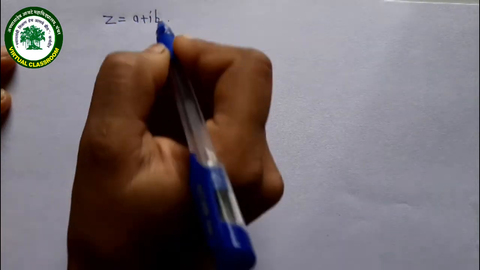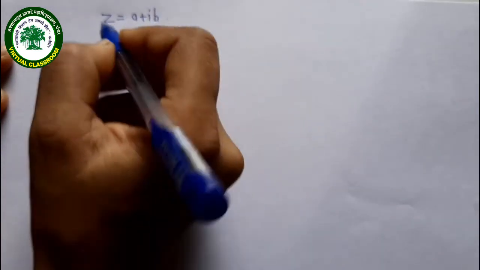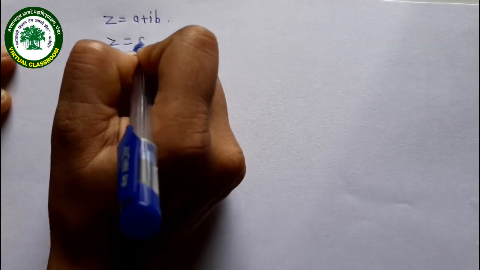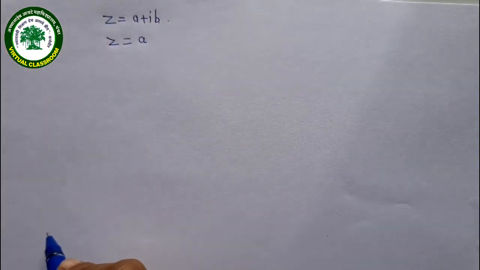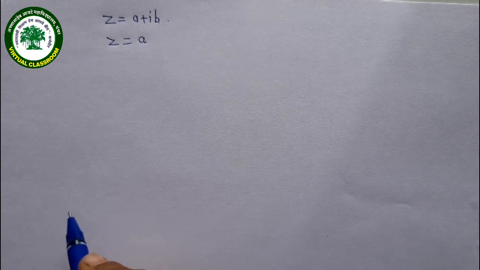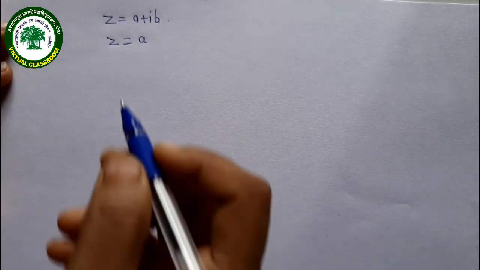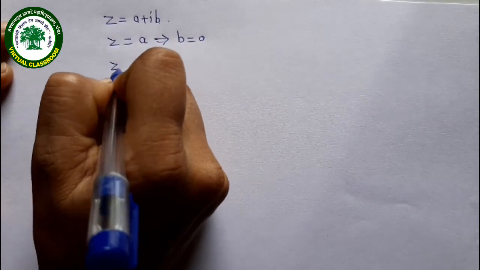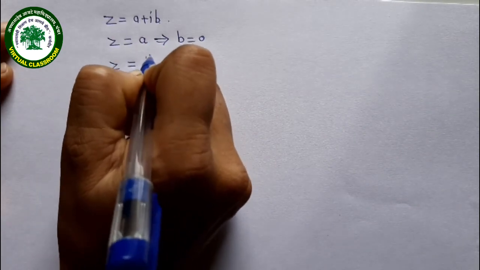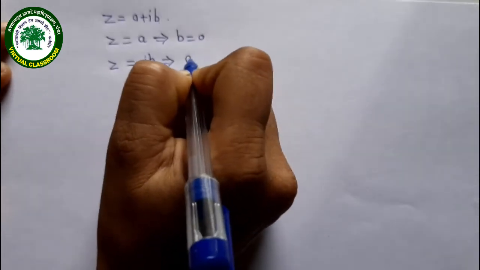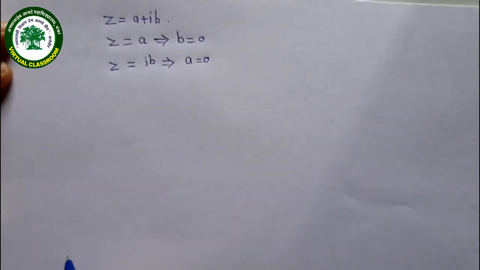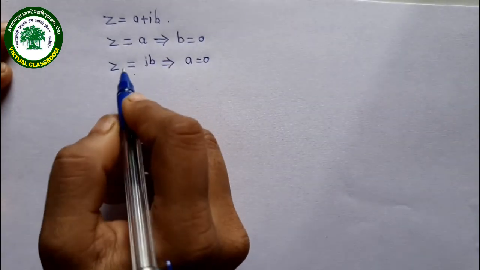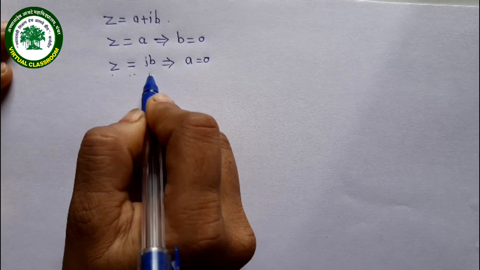But when b is 0, then z will be equal to only a, so here the complex number is a purely real number. Similarly, z would be ib when a is equal to 0, so for this case our complex number is purely imaginary.